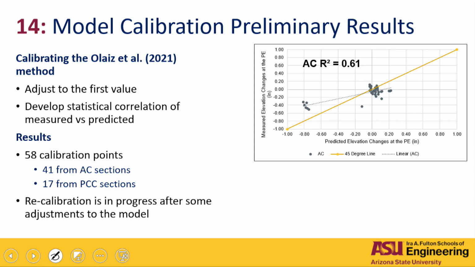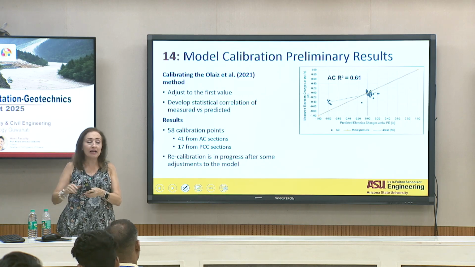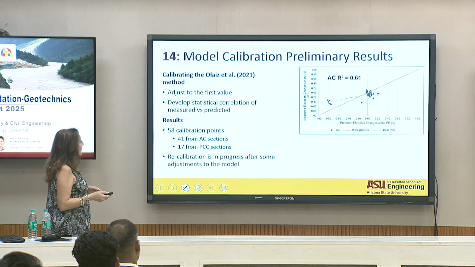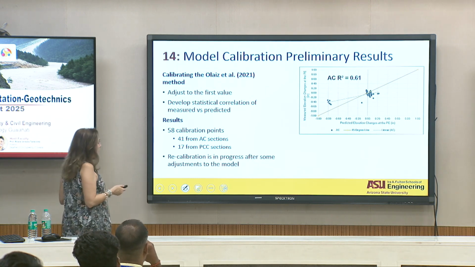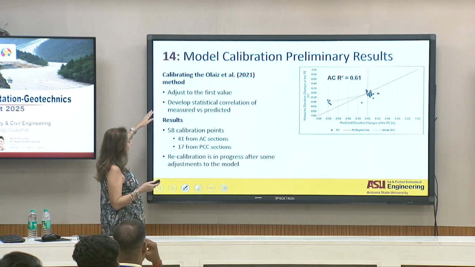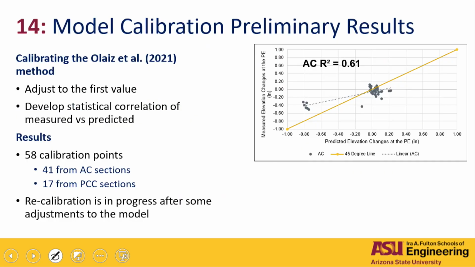And some of that was caused by expansivity, right? So we went for the very corner, the one that was just flapping out, and sure enough, we started adjusting to some of the values that we found, that we calibrated. So we developed statistical correlations of measured versus predicted.